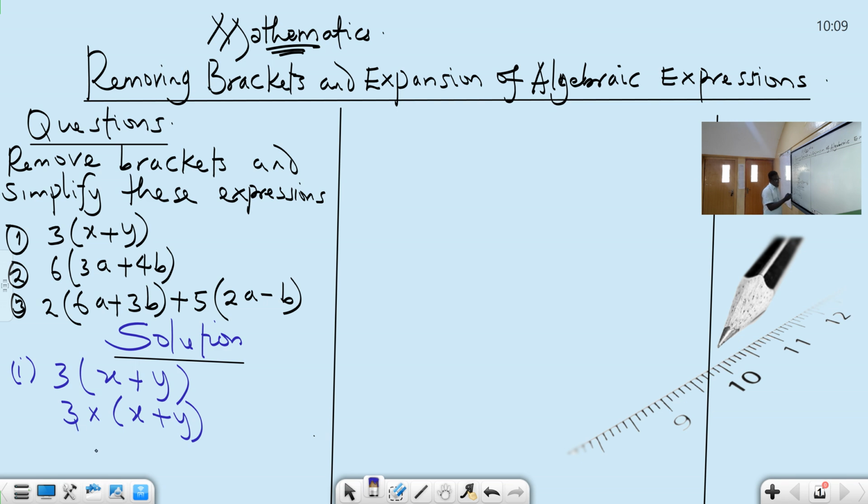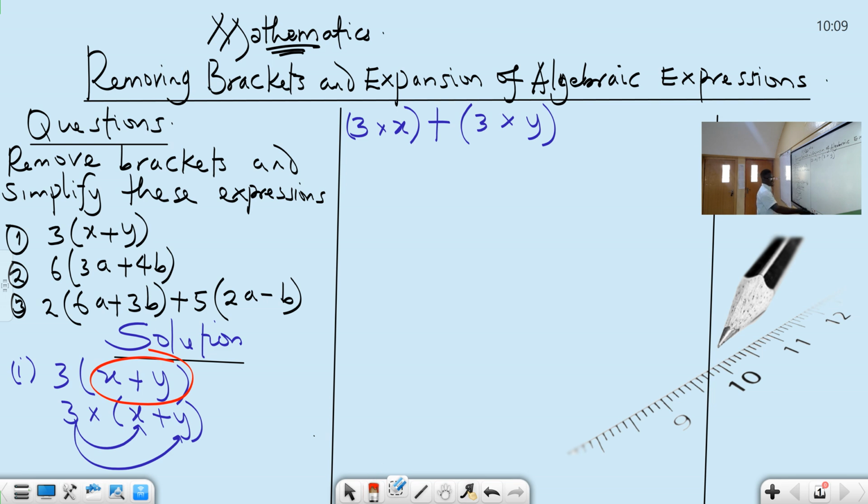This means 3 is multiplying x as well as what? y. So to expand this, you make 3 times x plus 3 times y.